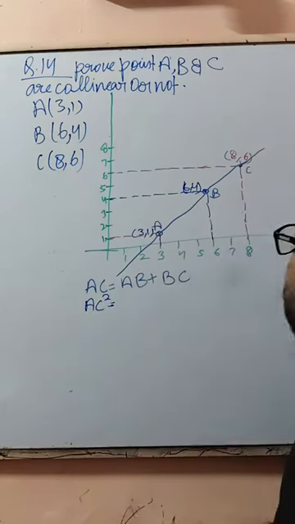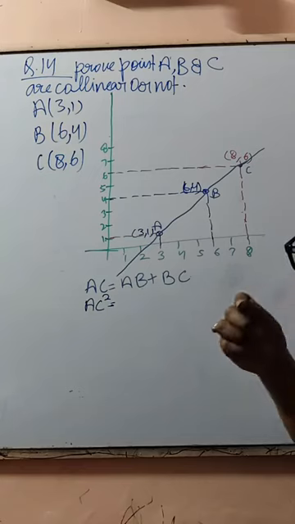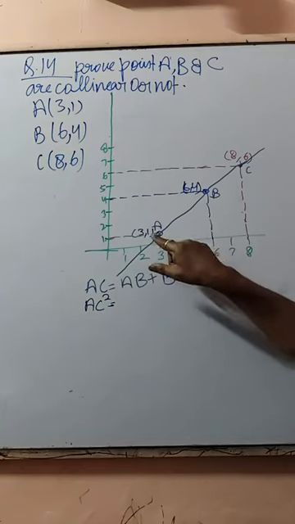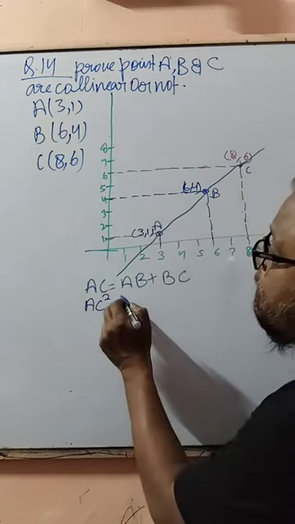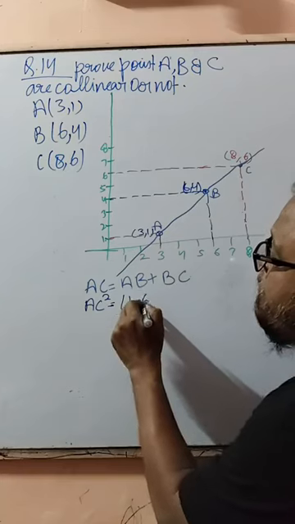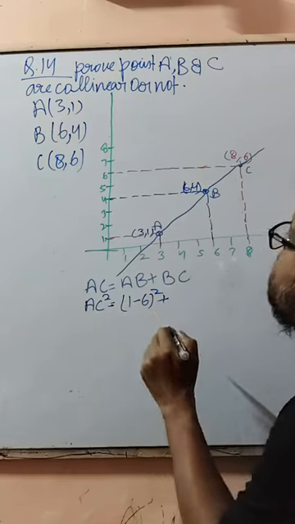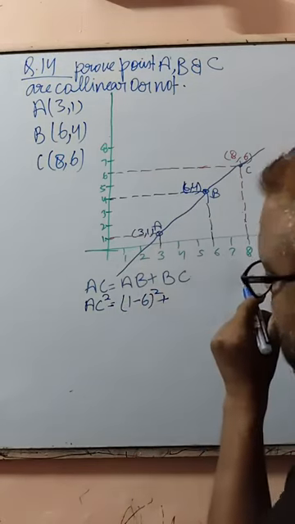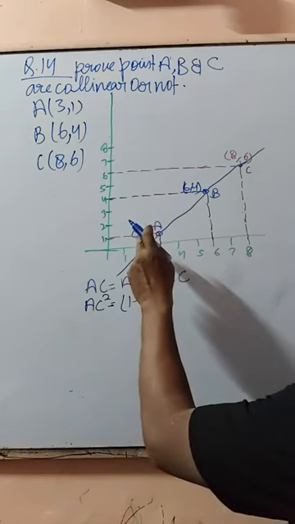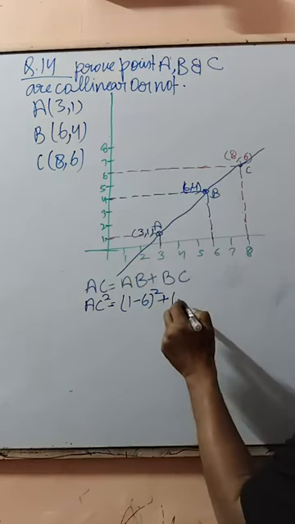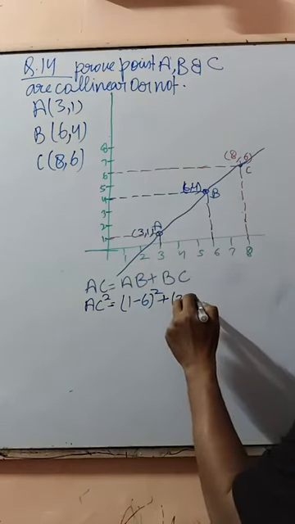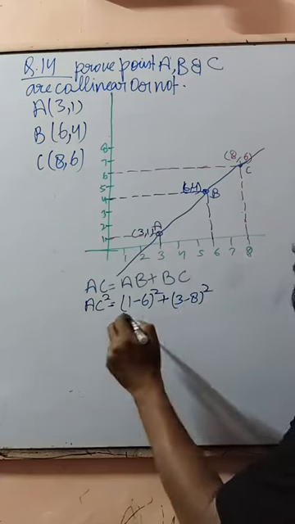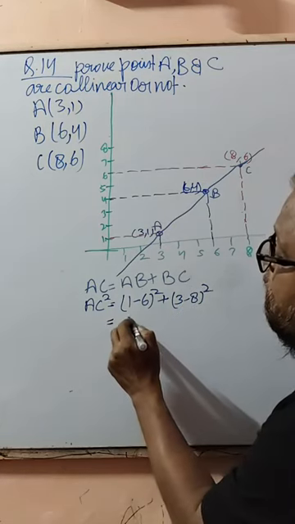So AC square is equal to 1 minus 6 का होल स्क्वायर प्लस 3 minus 8, 3 minus 8 whole square. It is how much?